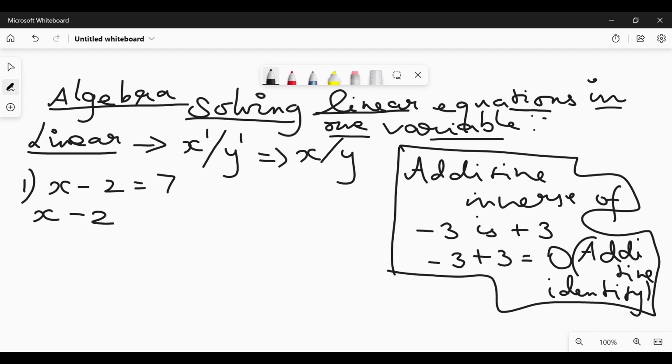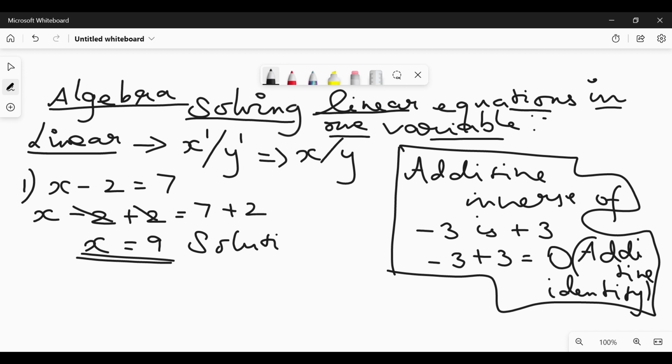I have minus 2 here, so I will add plus 2, and the rule says whatever you do on the left hand side, do the same thing on the right hand side and balance the equation. Now minus 2 gets cancelled, and you get x is equal to 9. Therefore x is equal to 9 is the solution of this equation. I hope you are able to understand this question.